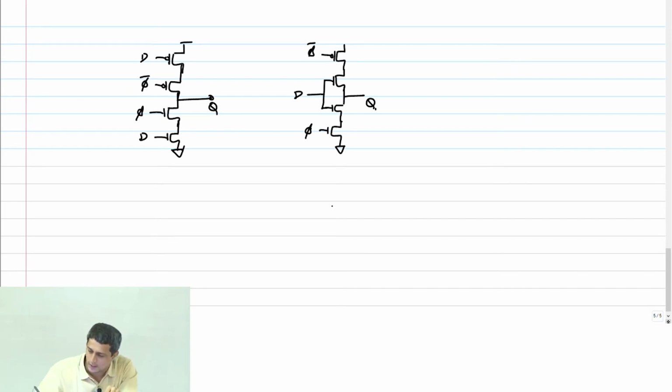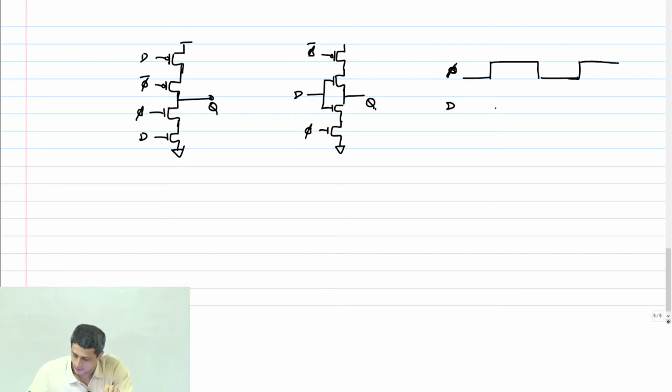So let us look at what we want from a flop. This is my clock. Data is, so now I'll draw, okay. So this is phi. This is my D, okay. So let's say that my D is changing like this.